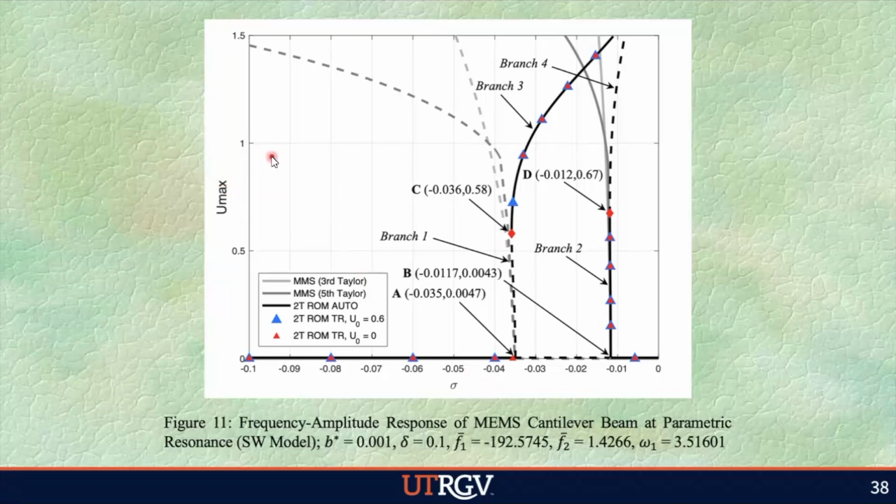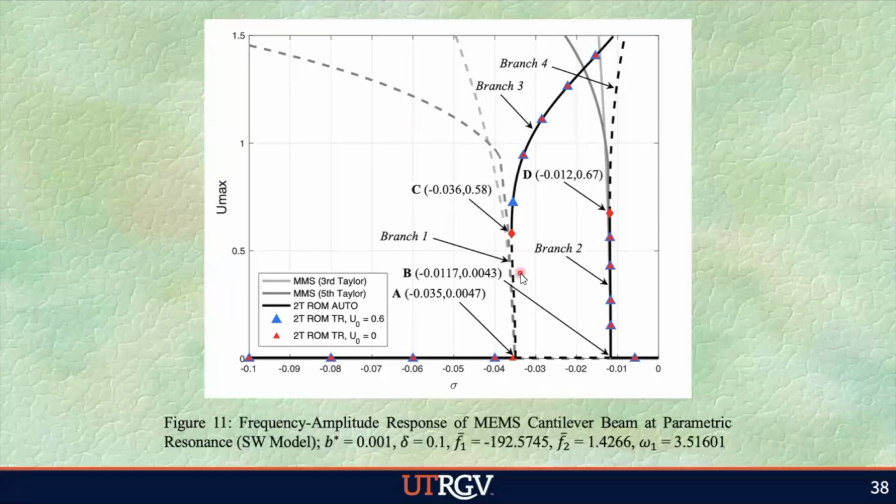Just for reference, when U max is equal to 1, the cantilever tip is at the same level as the top of the ground plate. Only amplitudes up to 1.5 are shown, and this is because geometric nonlinearities, which become significant at larger amplitudes, were not considered in these models.